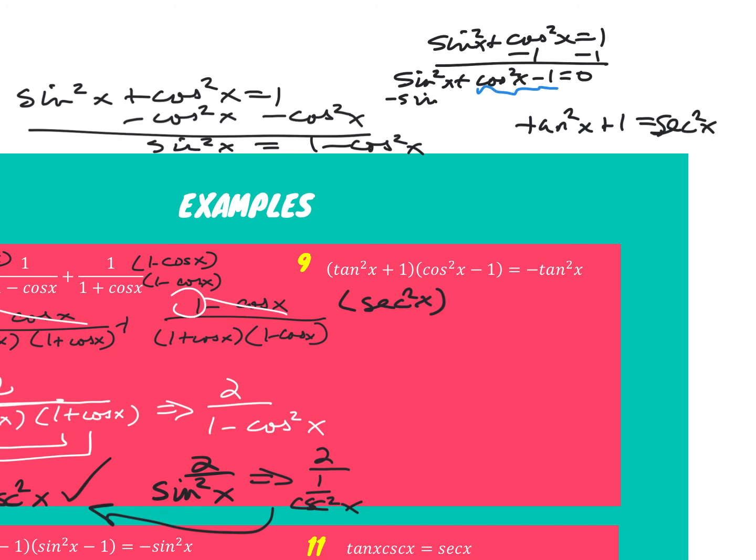So I'm going to move sine squared x to the other side. So now the identity I'm using is cosine squared x minus 1 equals negative sine squared x. So that's what I can replace here.